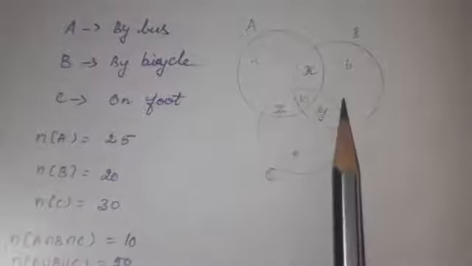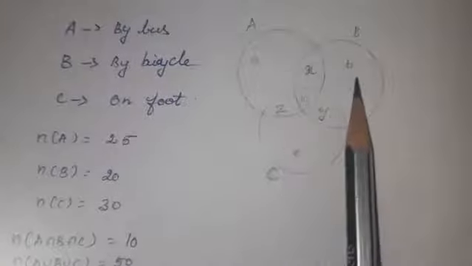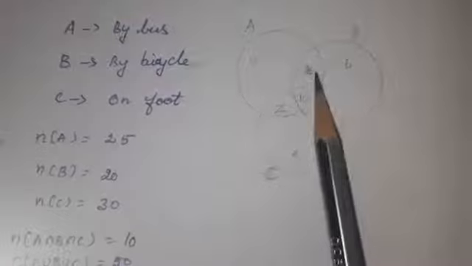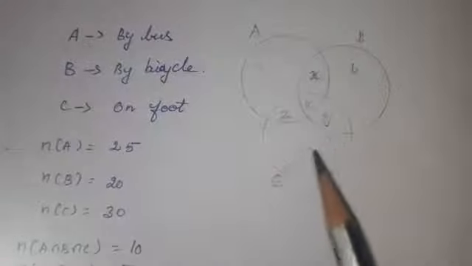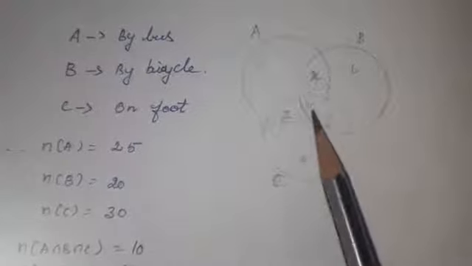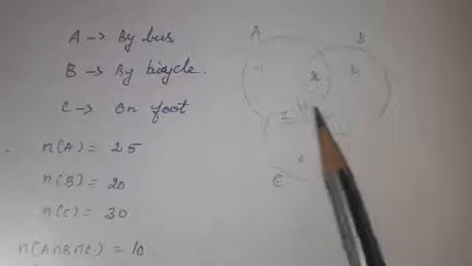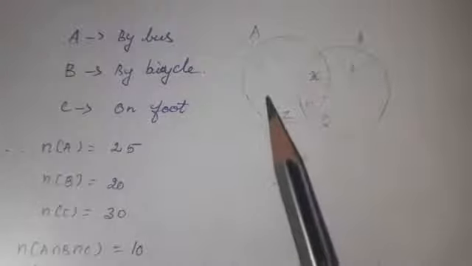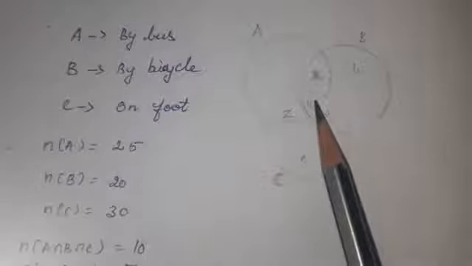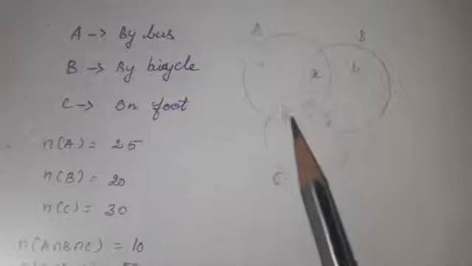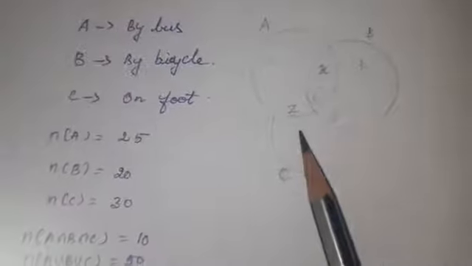Why I have drawn this diagram is, listen here, A intersection B, N of A intersection B, that means X plus 10. X plus 10. Next, B intersection C means 10 plus Y. This is the common for B intersection C. Next, A intersection C is Z plus 10. This is the common for A intersection C. For that only I have drawn this diagram.